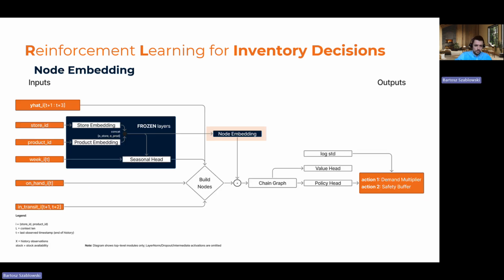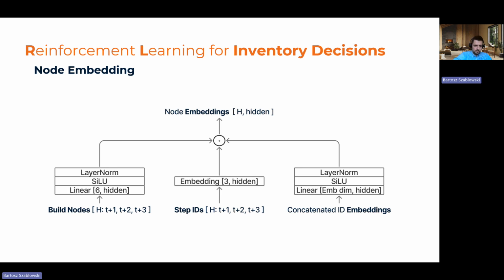These nodes now need to be transformed into a vector representation. The numerical node features pass through a linear layer into the hidden state. Then we add a step embedding, so the model knows whether it is looking at t+1, t+2, or t+3.